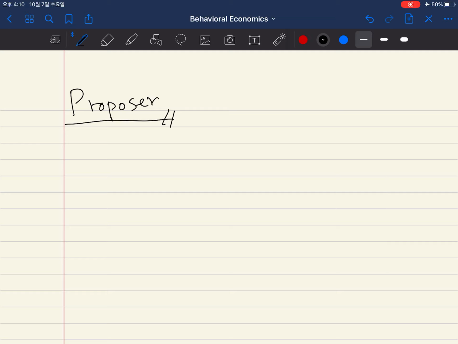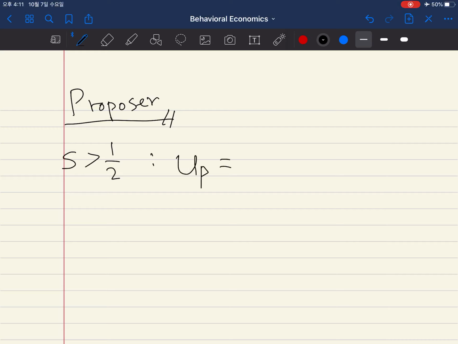What does the proposer want to do here? What's going to happen if the proposer gives more than half?